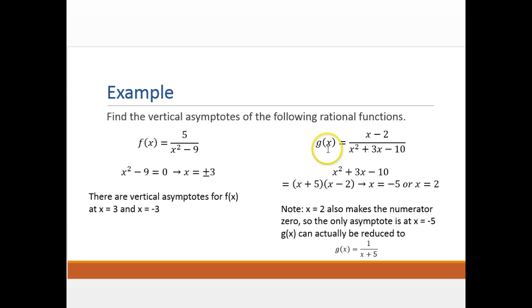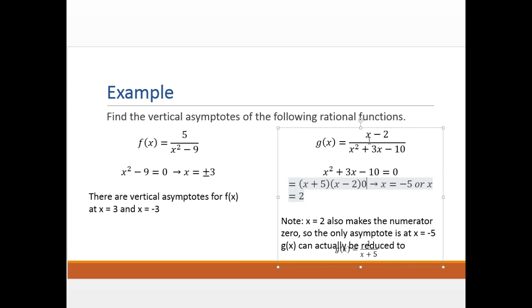If I look at this next one, g of x equals x minus 2 over x squared plus 3x minus 10, I'm going to take my denominator and set it equal to 0. And this simply factors to x plus 5 times x minus 2 equals 0.